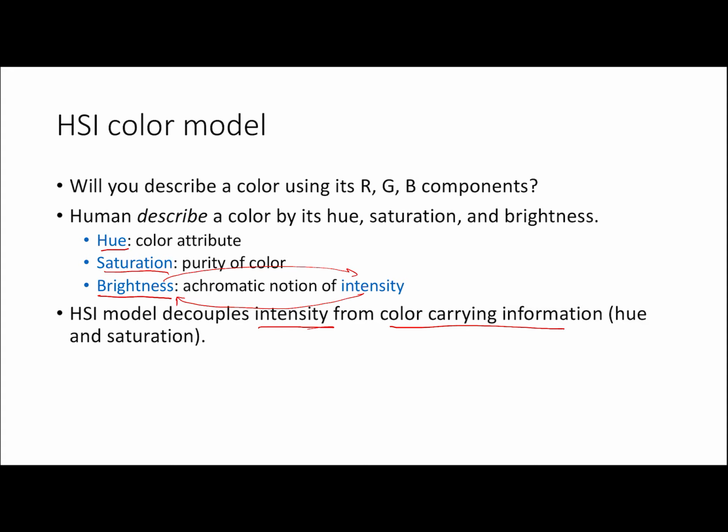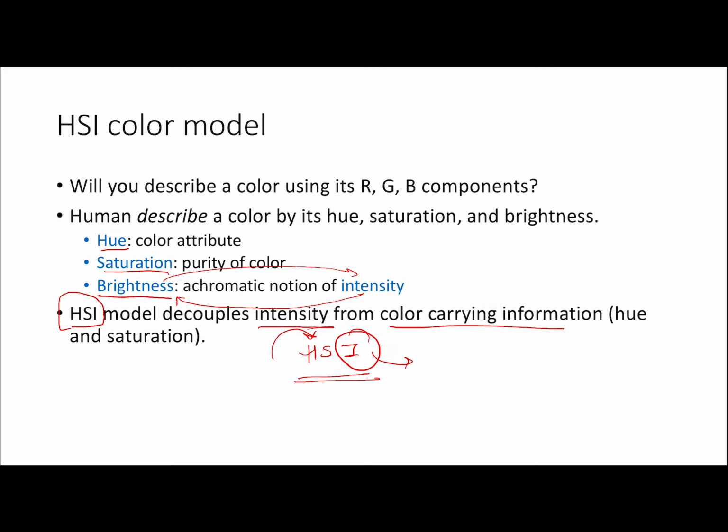As we can decouple the chromatic information from the intensity information, many of the image processing algorithms which we have discussed on gray level images can be applied on images specified in the HSI space. The I component can be considered similar to the grayscale image, so whatever algorithms we have discussed so far on grayscale images can be applied to the I component of images specified in HSI.